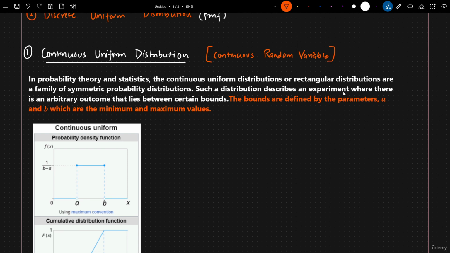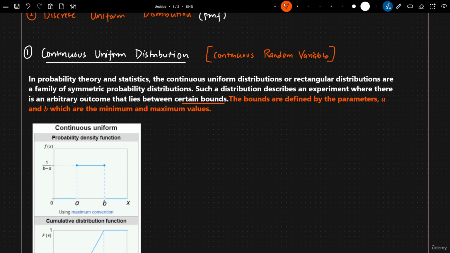Such a distribution describes an experiment where there is an arbitrary outcome that lies between certain bounds. Here you will be able to see two bounds, A comma B, so your entire distribution will be lying between these two. The bounds are defined by the parameters A and B, which are the minimum and the maximum value.